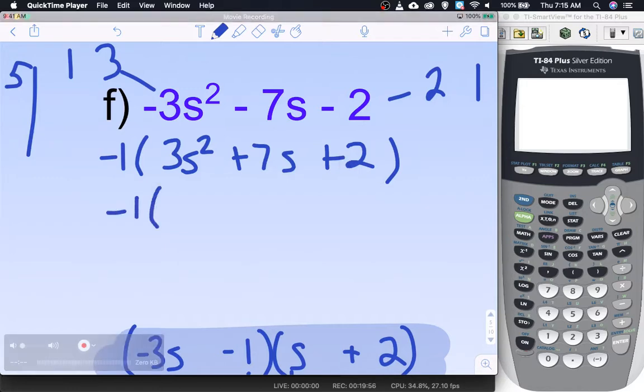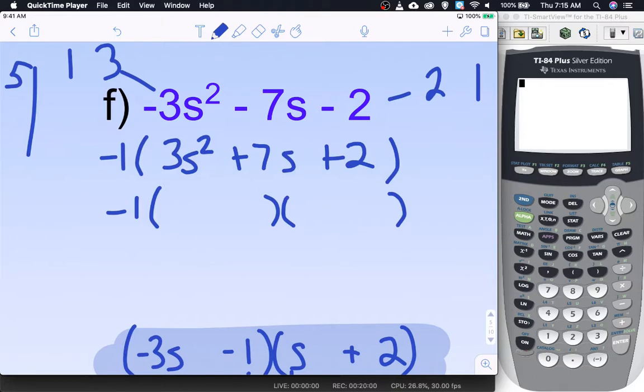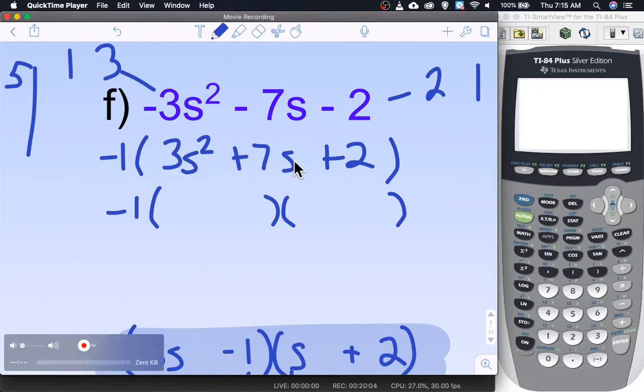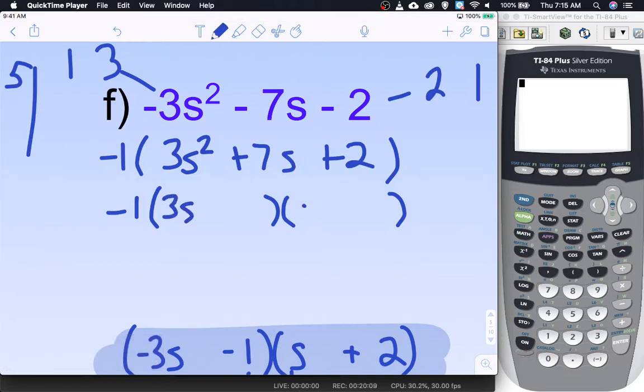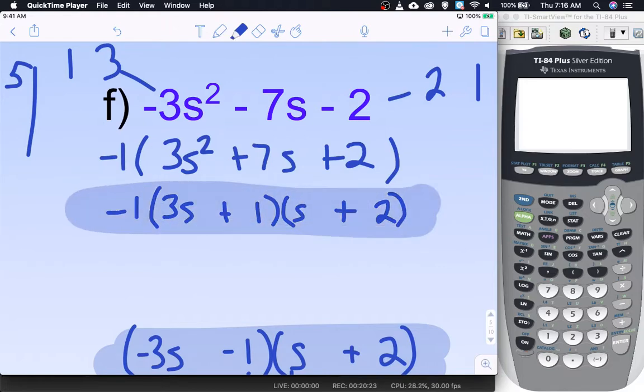And then from here, I could just kind of do my normal factoring with just the positive dudes. So that would be a 3s, s. That would probably be a 2 and a 1, just like we had it before. This would be a positive, and this would be a positive. This is another possible answer.